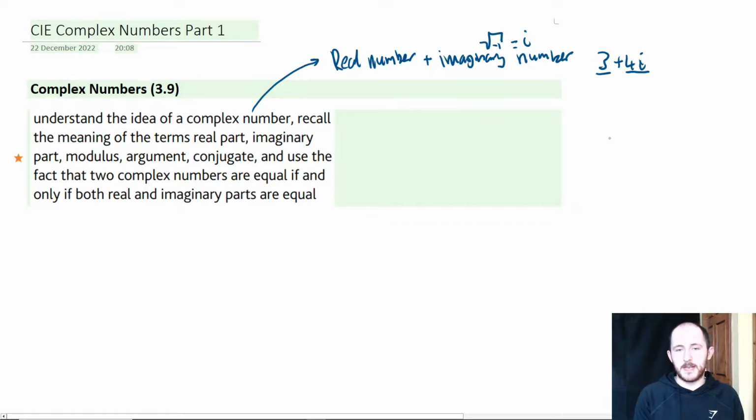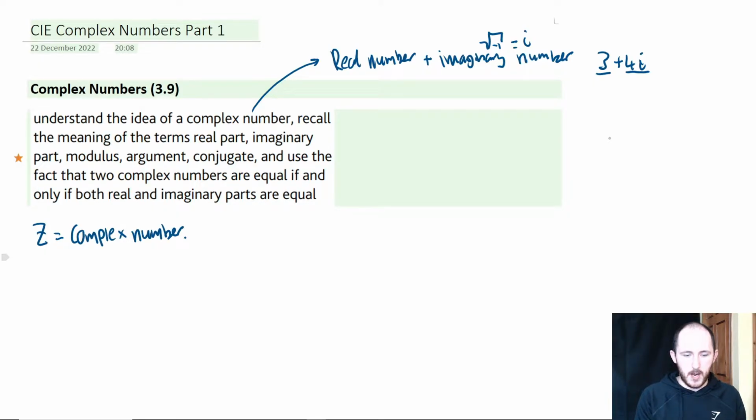Okay? So the notation that you would have is z, generally speaking, represents a complex number. Re(z), so if you have Re of z, it's just the real part of the number. So in our example back there, z was equal to 3 plus 4i.